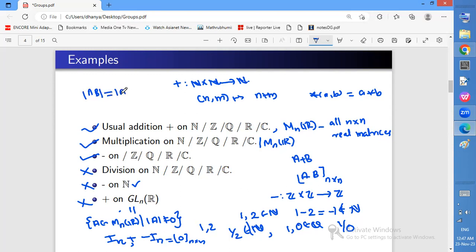Determinant of AB is nothing but determinant of A times determinant of B. Since these two are non-zero real numbers, their product will also be non-zero. That means AB is also invertible. So given A and B in this set, the product AB will also lie in GLnR. That means the product operation is a binary operation on the set GLnR.